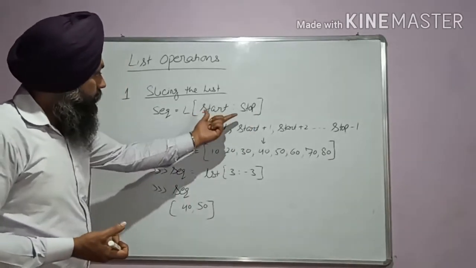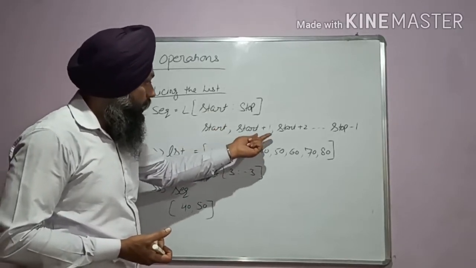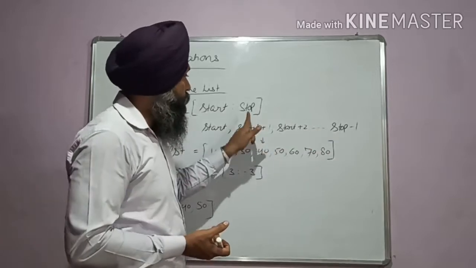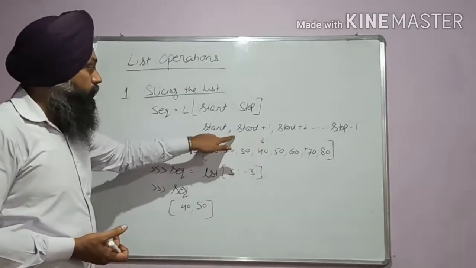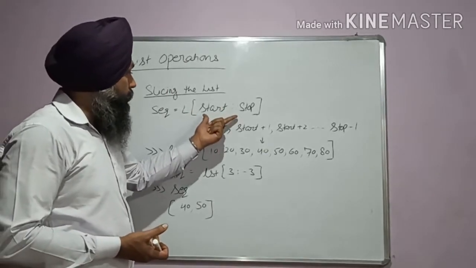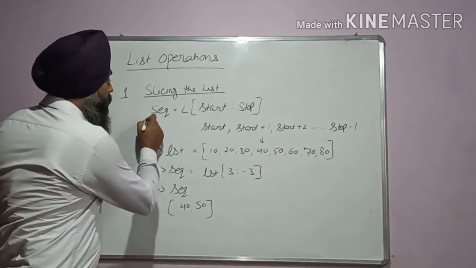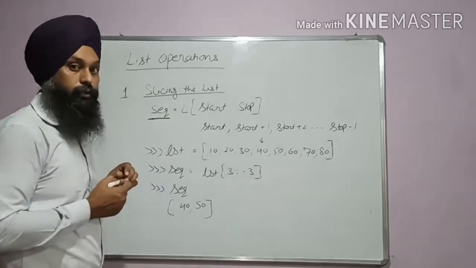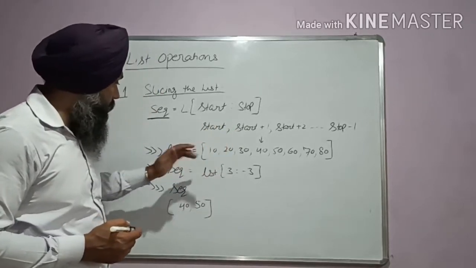So this index will vary from start to stop minus 1. Whatever we get with this slicing will be assigned to this new list, SEQ, sequence. Now we will see with the help of an example.